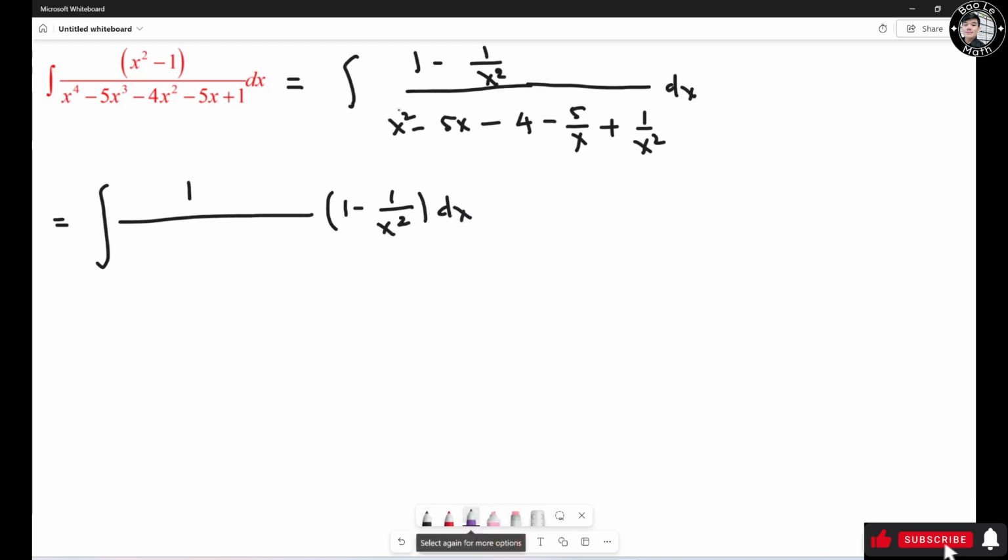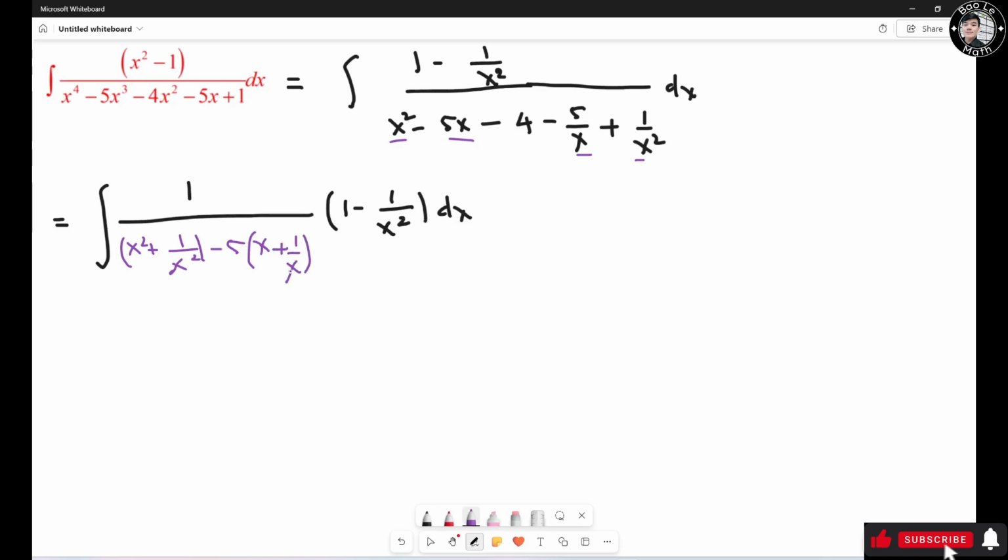Now I'm going to combine these terms, so it could be s squared plus 1 over s squared. Then I combine these two and factor negative 5 out, so it could be 5 times s plus 1 over s.